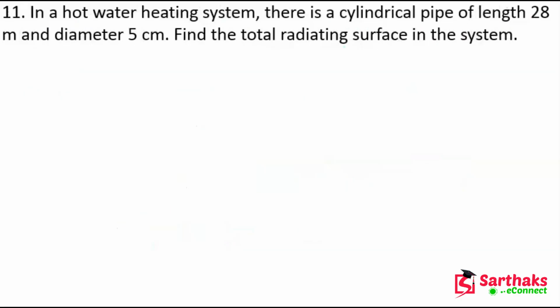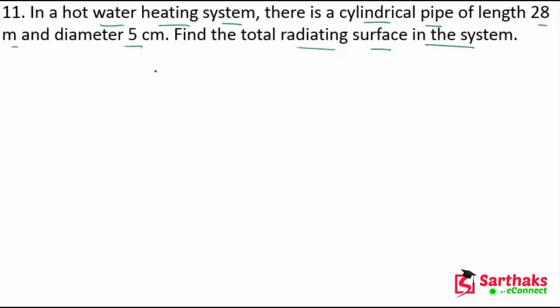Okay, the next question is based on the cylinder. In a hot water heating system, there is a cylindrical pipe of length 28 meter and diameter 5 centimeter. Now we have to find the total radiating surface in this system.